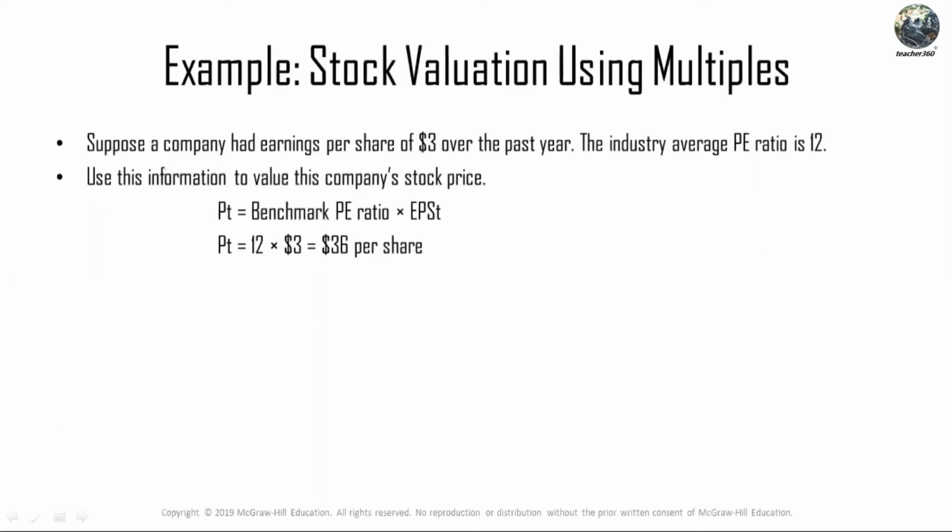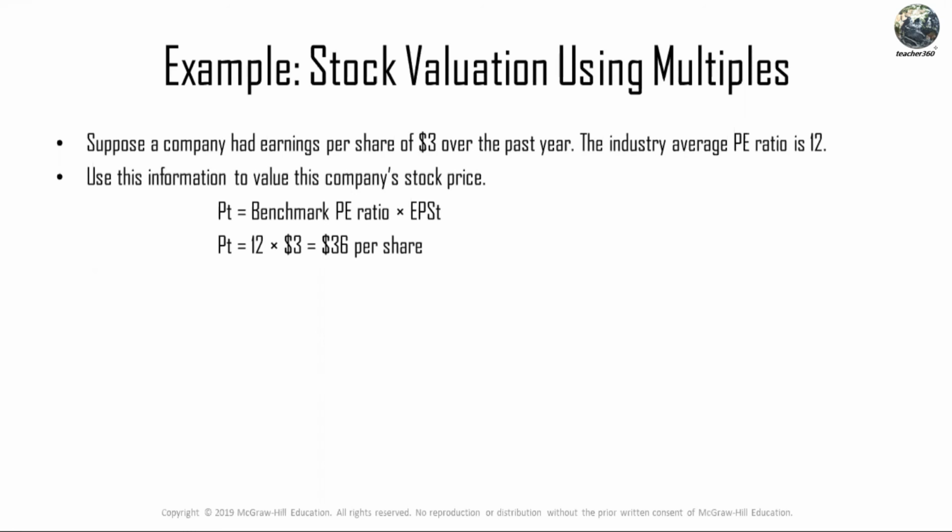Stock valuation using multiples. Suppose a company had earnings per share of $3 over the past year. The industry average price earning ratio is 12. Then what will be the company's stock price?